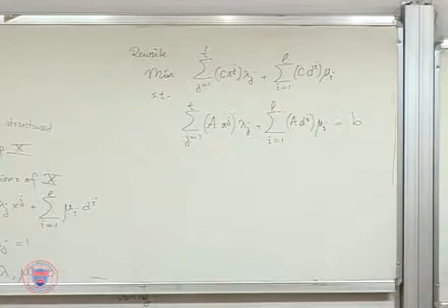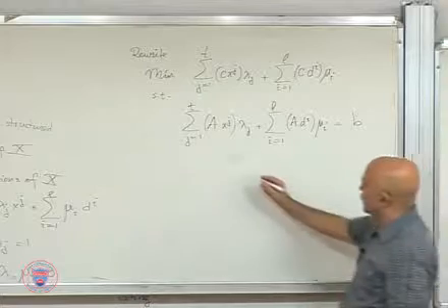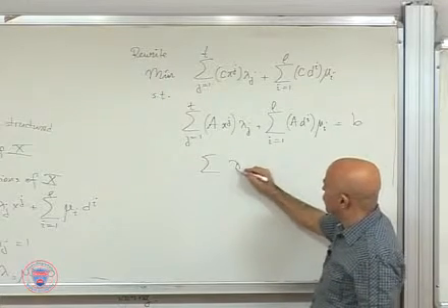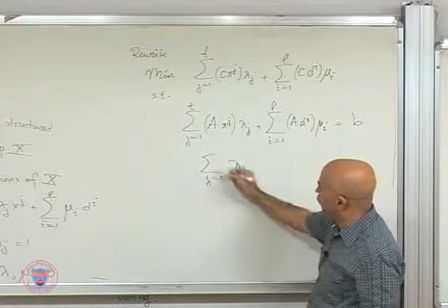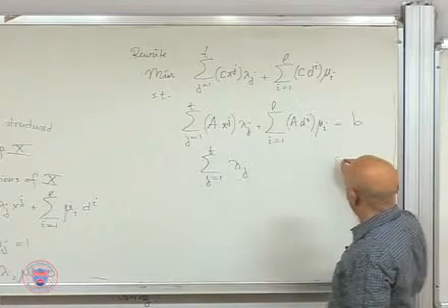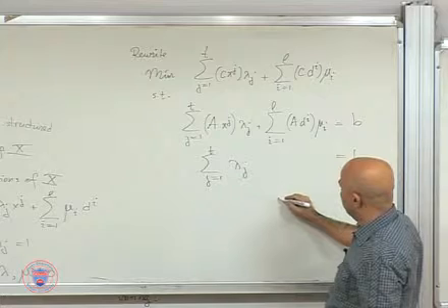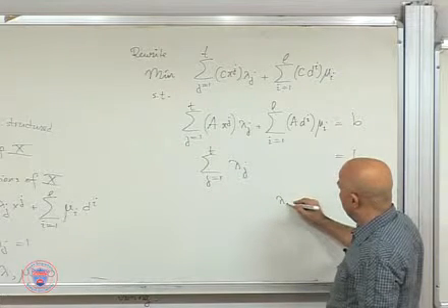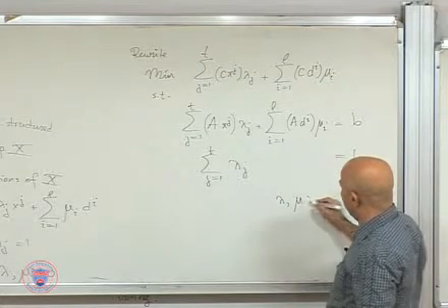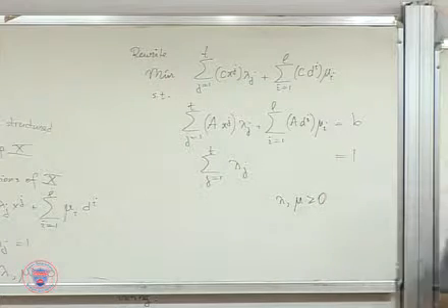That's what you will get. Plus, you have lambda j's adding up to 1. And then finally you have lambda and mu as vectors, non-negative. Okay?